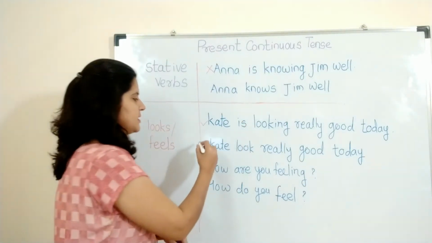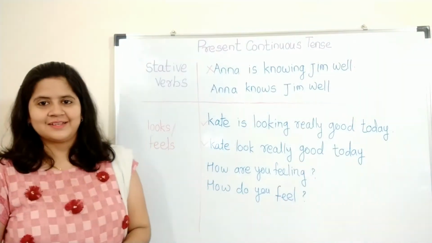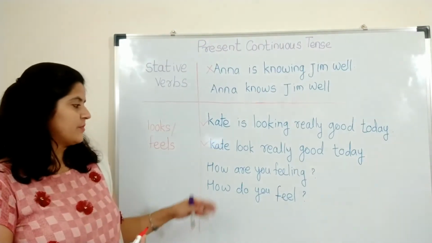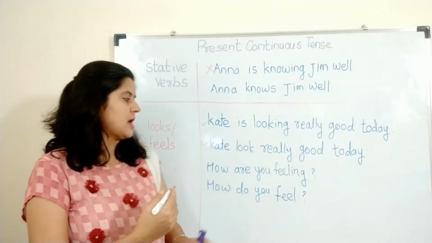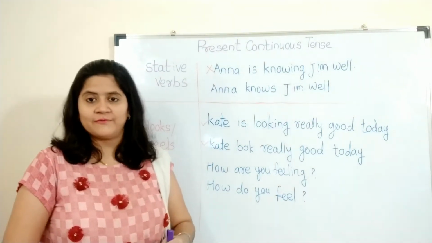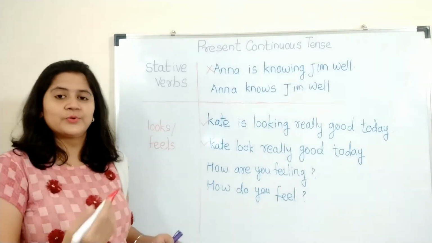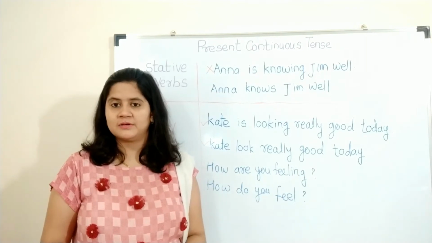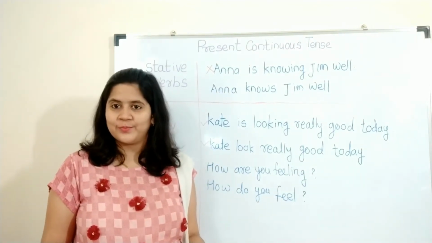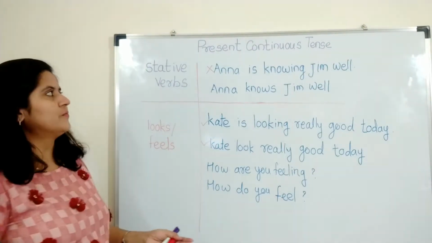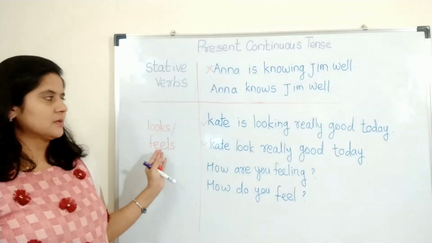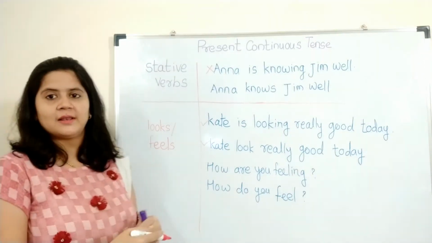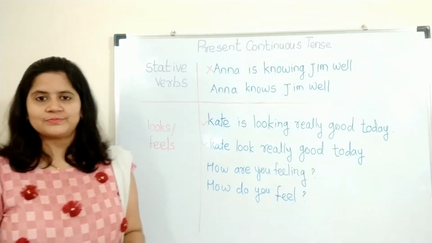Both the examples are correct. And sometimes we can also say, how are you feeling? I'm feeling good. Or you can say, how do you feel? I'm feeling better. I feel much better right now. Okay, so in this way we use looks and feelings to tell something about it.